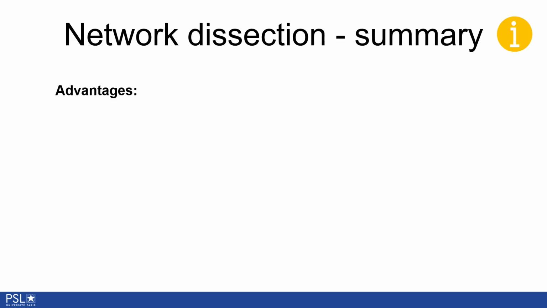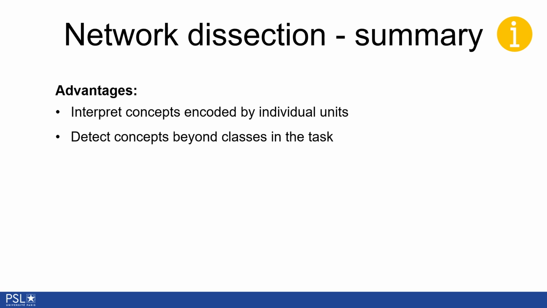To summarize this part on network dissection, this method provides an interesting manner to interpret concepts encoded by individual units. Importantly, it allows to detect concepts beyond the classes on which the network was trained. The main disadvantage of this method is that it needs a specific pixel-labeled dataset to probe networks.